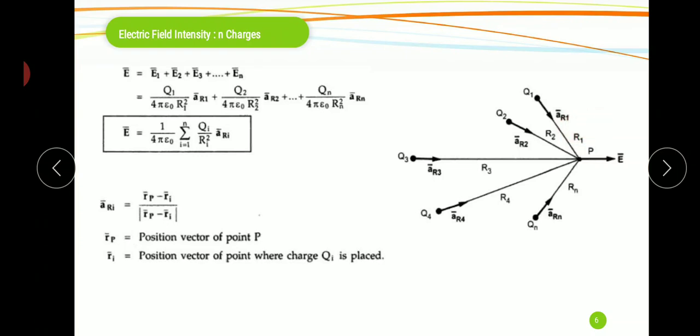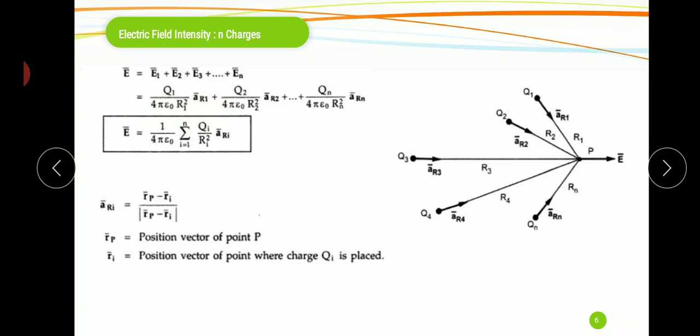The expression for electric field intensity at point P due to q1 is represented by capital E1, that is q1 by 4 pi epsilon naught r1 square a bar r1.